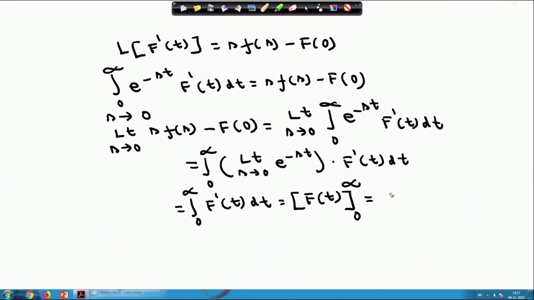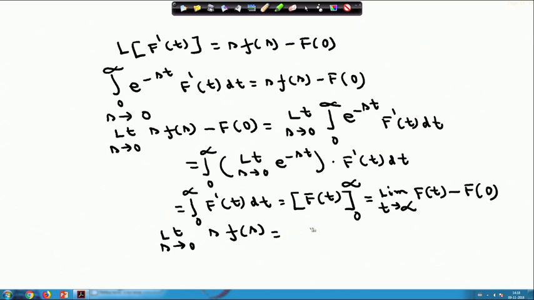Now this is f(infinity), that means the limit as t approaches infinity of f(t), the value of the upper limit at t equals infinity, minus f(0) for the lower limit. So f(0) will be cancelled from both sides, and we can write the limit as s approaches 0 of s F(s) equals the limit as t approaches infinity of f(t).